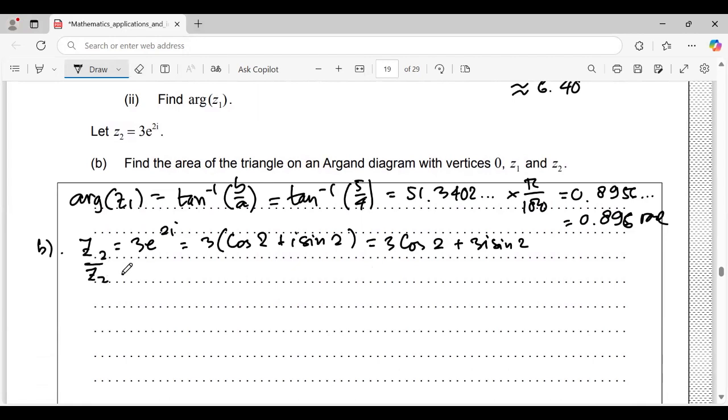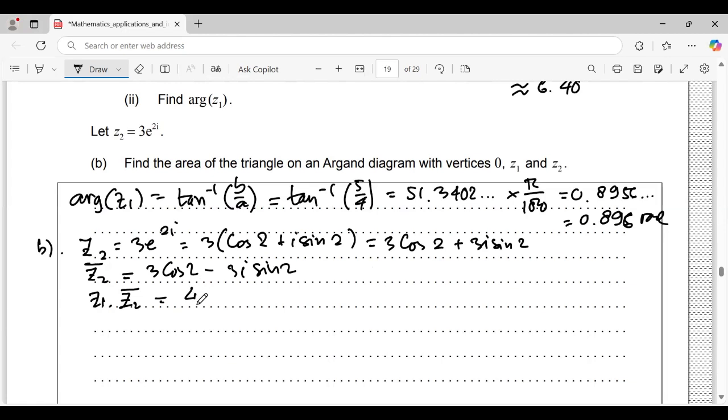The complex conjugate is 3 cosine 2 minus 3i sine 2, because the sign changes on the imaginary part of this complex number. And then Z1 multiplied by the complex conjugate of C2.